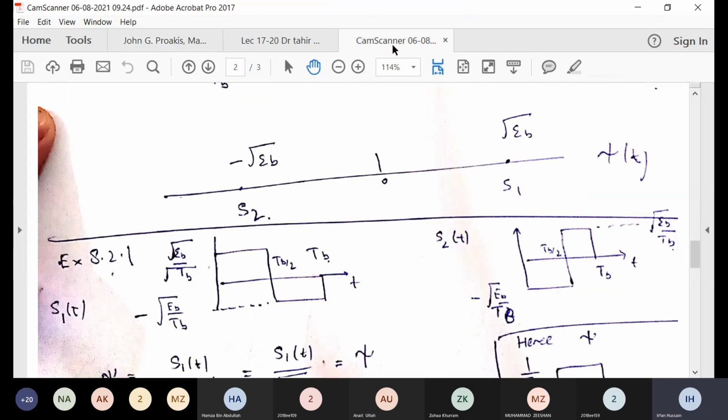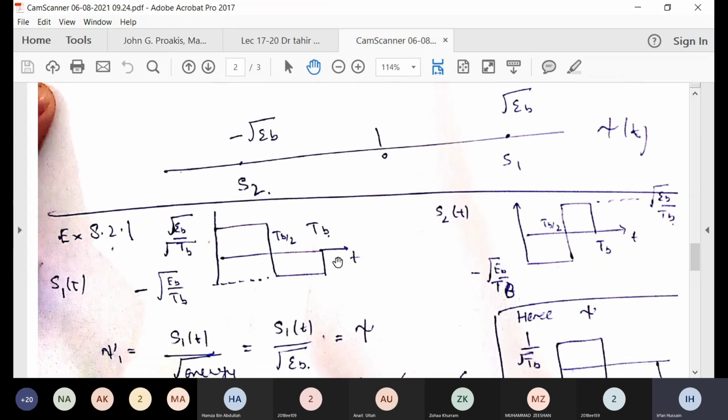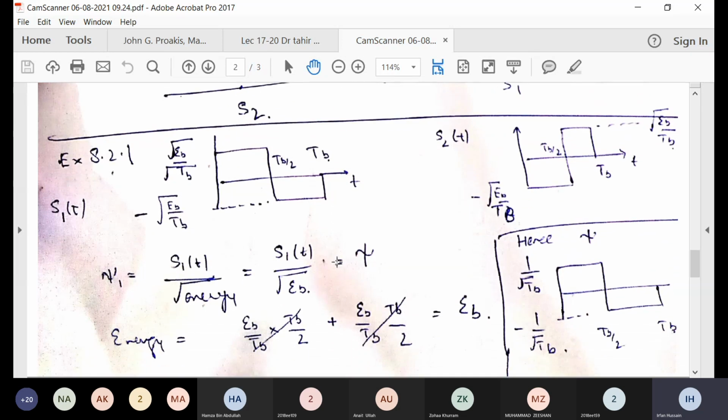So again, some of the steps were missing. I just have done it for you. So these are the signals S1 and S2. I just took S1 and I divided it by its energy. So I calculate its energy. Its energy will be square of the amplitude times the time interval Tb over 2, and again square of the amplitude times the interval Tb over 2, and the energy comes out to be Eb.